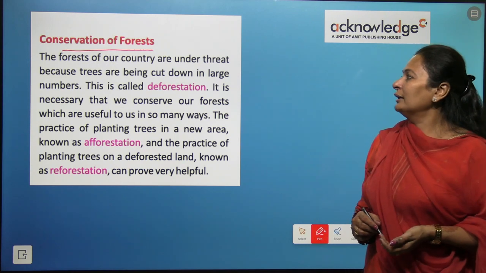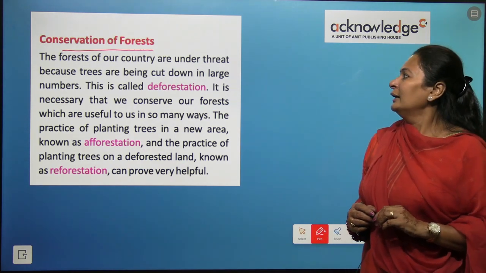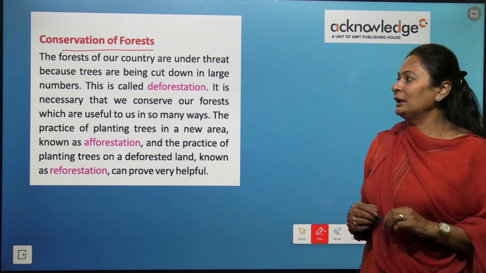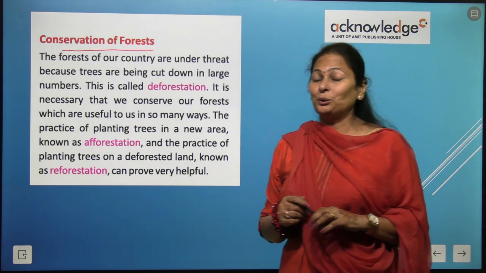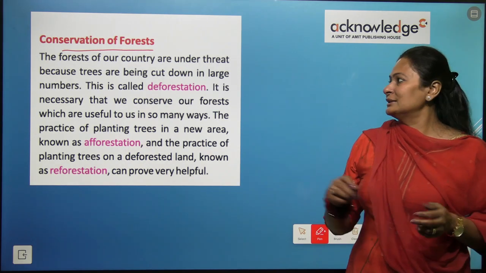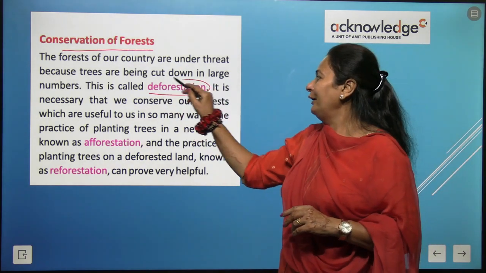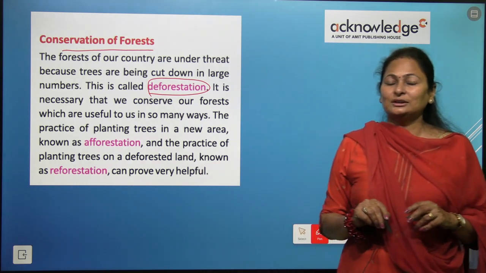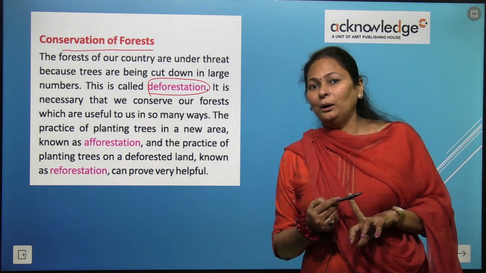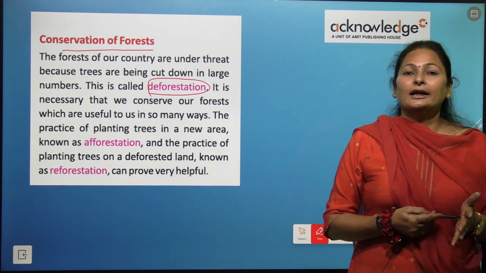The forests of our country are under threat because trees are being cut down in large numbers, right? So cutting of trees is called what? It is called deforestation. Means trees are cut down to fulfill our needs.